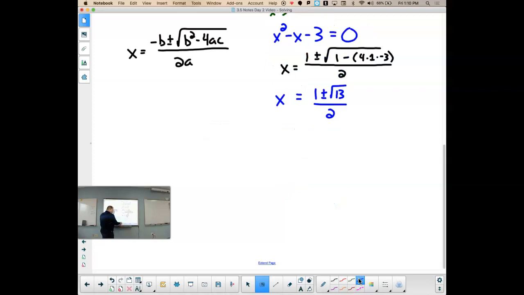Now, if I do a little more mathematical investigation on this, I get 1 plus the square root of 13 over 2, which is approximately 2.30278.